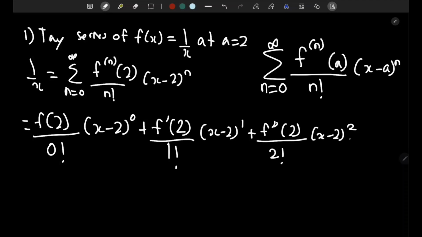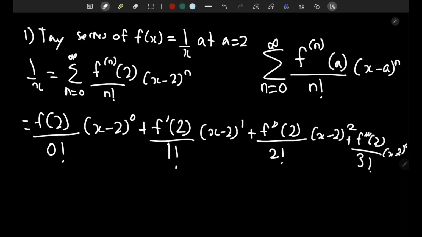It will be f triple prime of 2 over 3 factorial multiplied by (x minus 2) to the power of 3. So now normally in your exams your teachers will ask you for the first 4 or 5 terms. So this is when you just stop, because this series goes until n is equal to infinity, right? So it never ends.